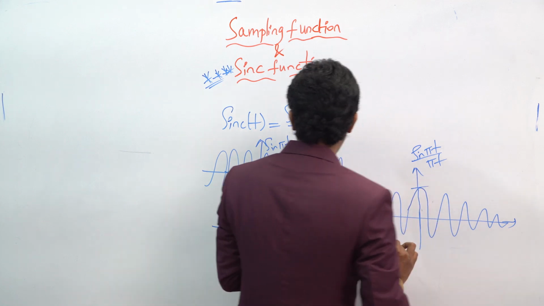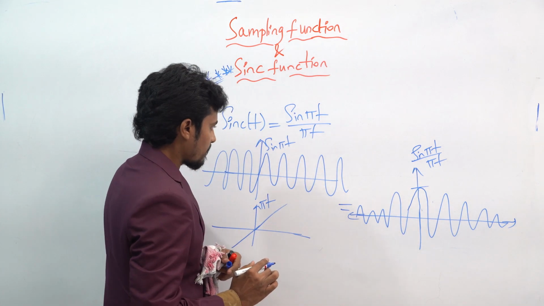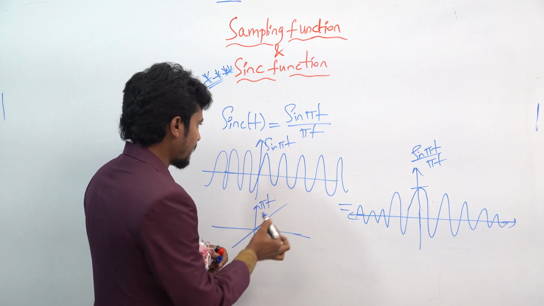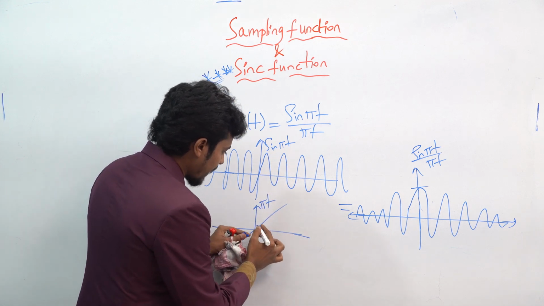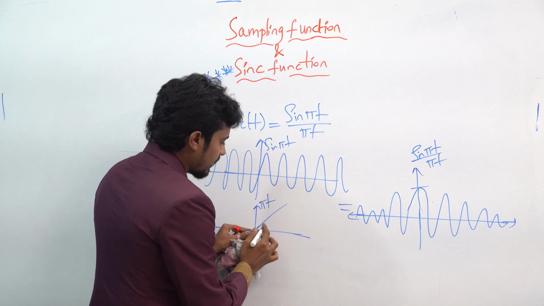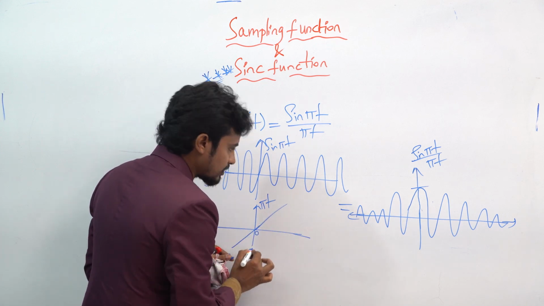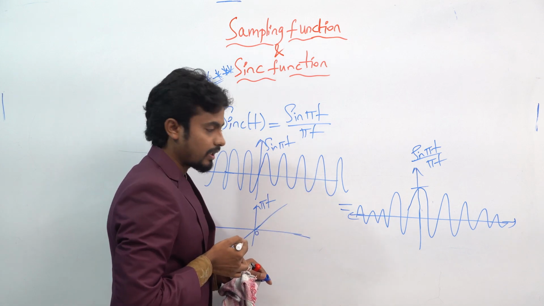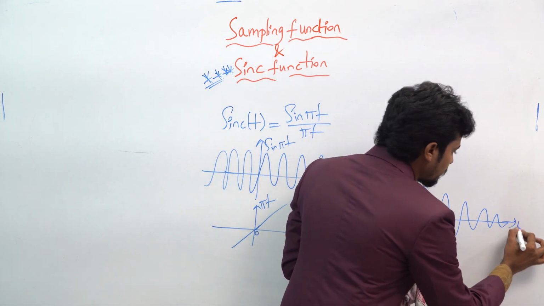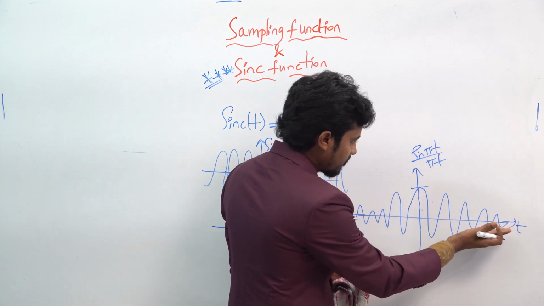Here you can observe that when you divide sin pi t by pi t, the magnitude increases as it reaches 0. It comes from infinity, right? Here also, if you take the time t, it comes from infinity.